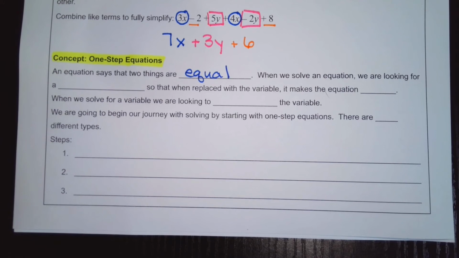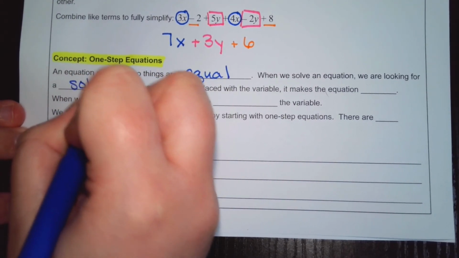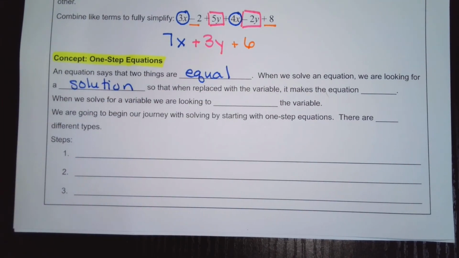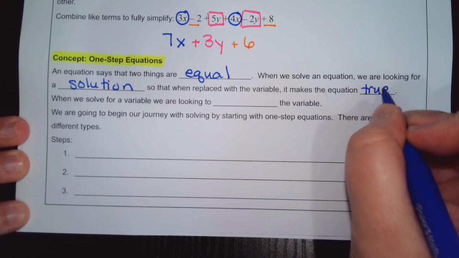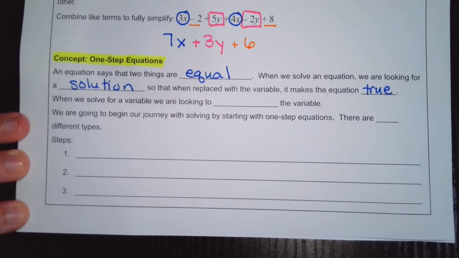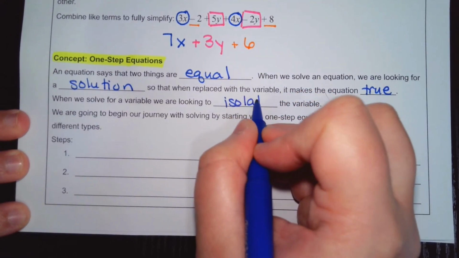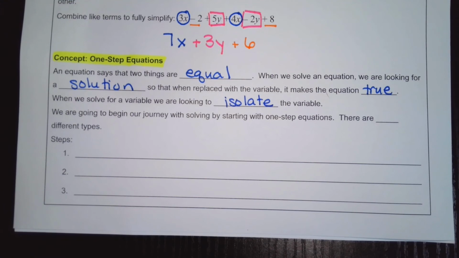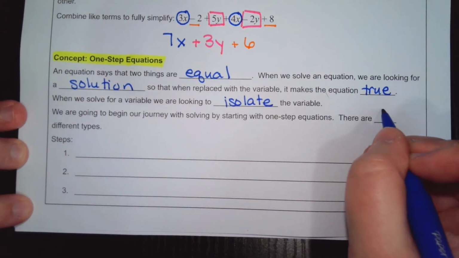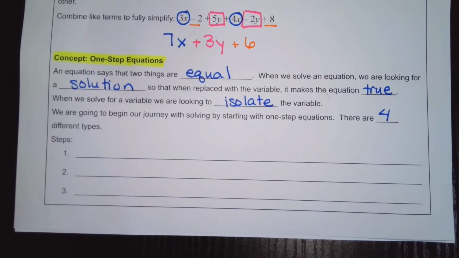When we solve an equation, we are looking for a solution so that when replaced for the variable, it will make the equation true. When we solve for a variable, we are looking to isolate the variable. So we are going to begin our journey with solving by starting with one-step equations. There are 4 different types that I will introduce you to in the next video.